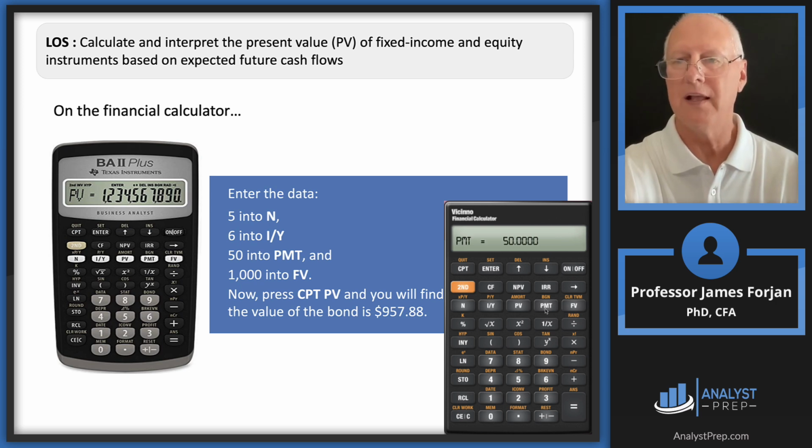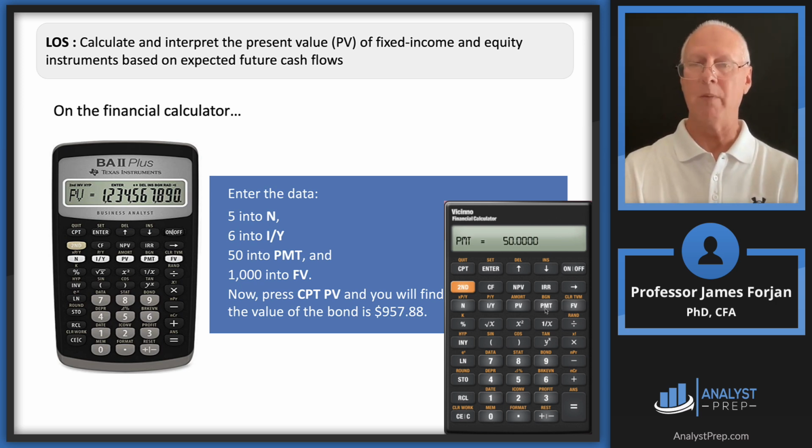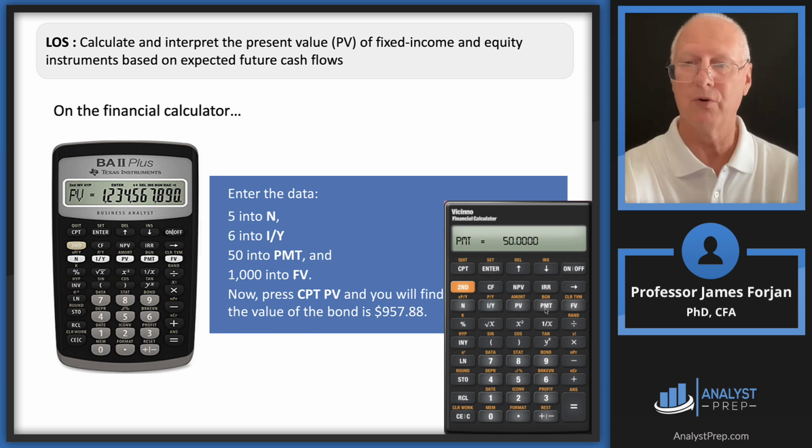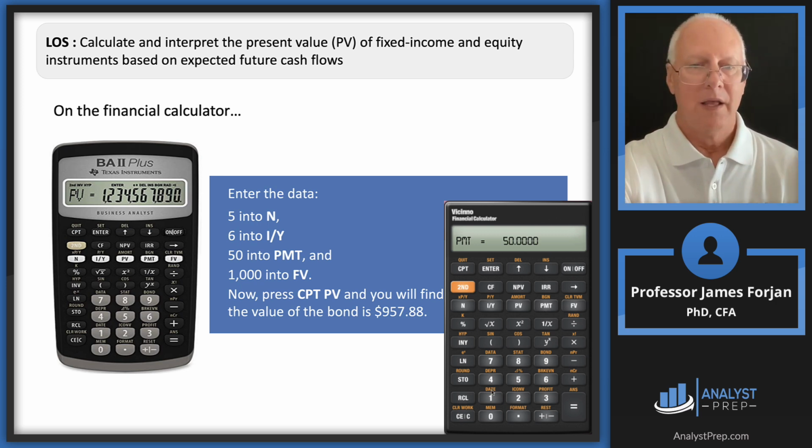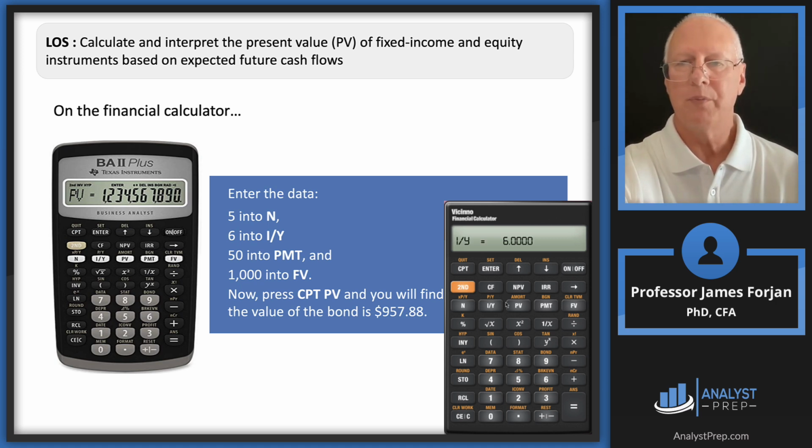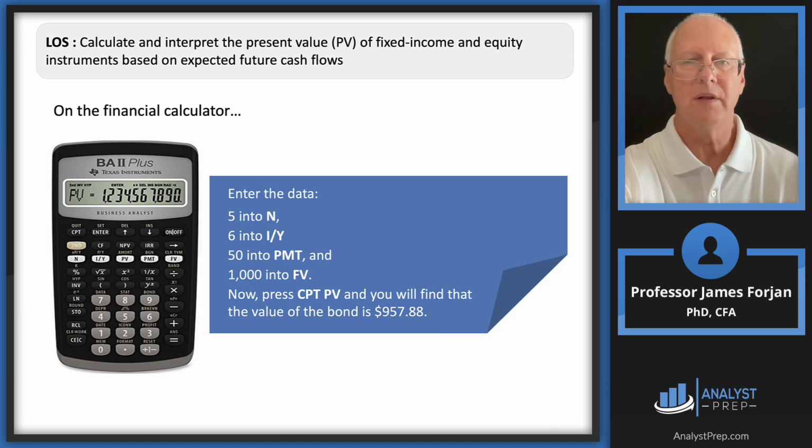So 50 is our PMT. Remember, in the zero coupon bond, that number was 0. And then it's a 5-year bond, so 5 is N, and 6 was our yield to maturity. We compute present value, and there's our 957.88.